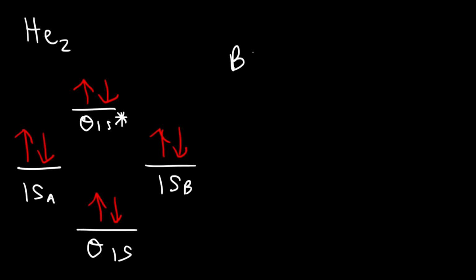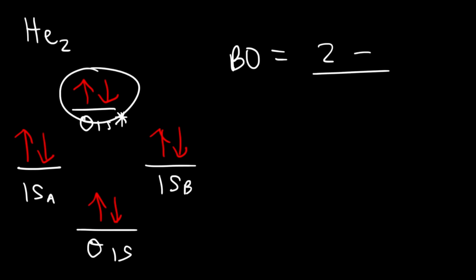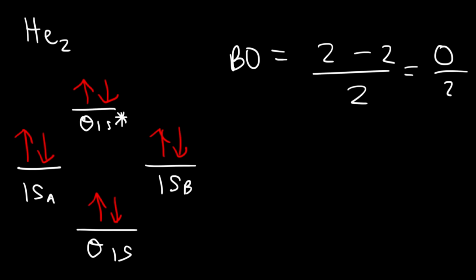Now let's calculate the bond order of this molecule. So we have 2 electrons in the bonding molecular orbital and 2 in the anti-bonding molecular orbital. And we're supposed to divide it by 2. 2 minus 2 is 0, and 0 divided by 2 is 0. So a bond order of 0 means that there is no bond. This molecule does not exist. It's not stable.